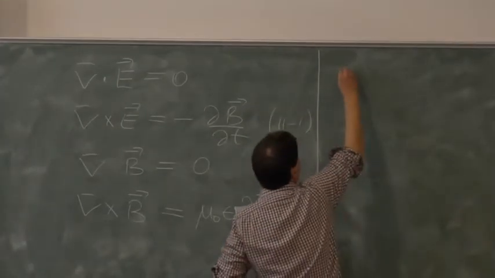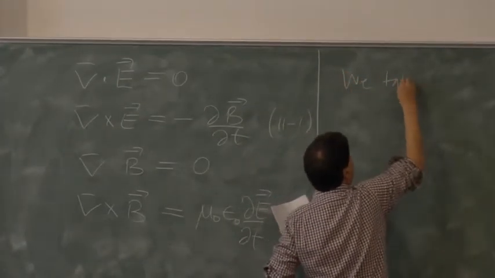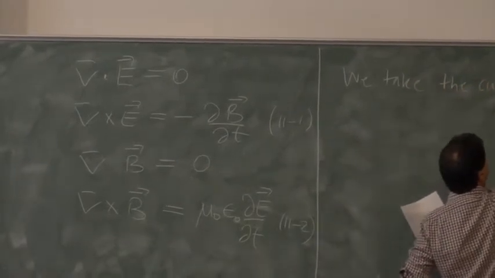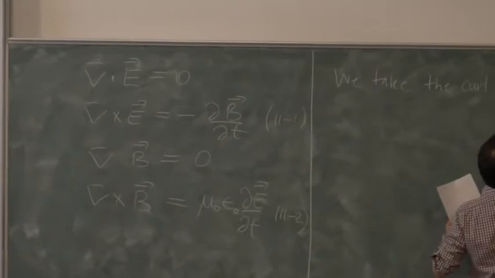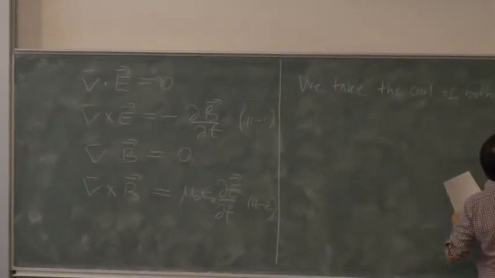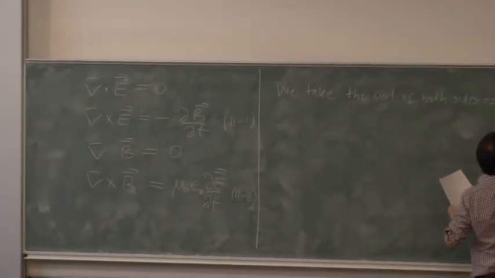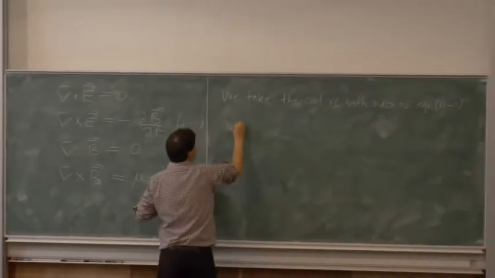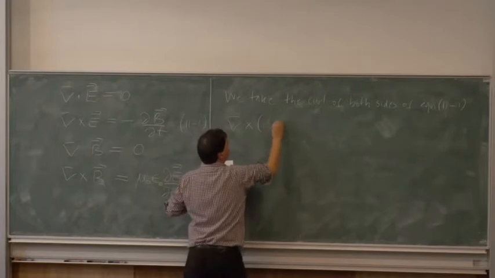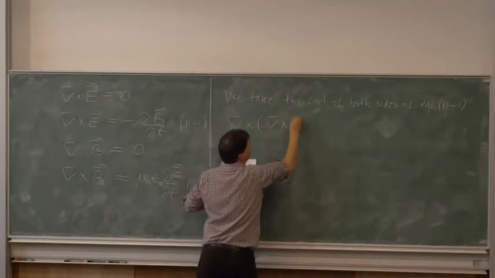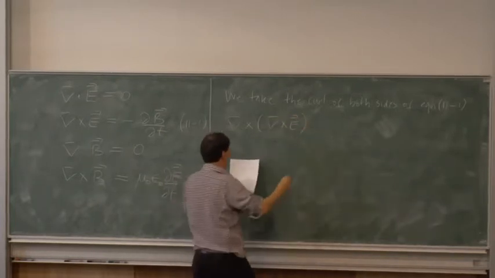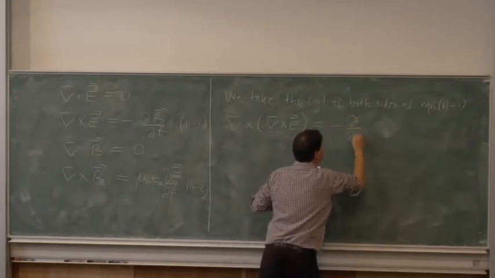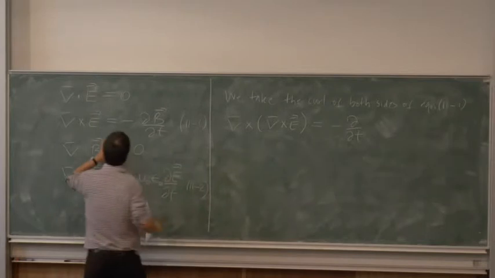So we take the curl, of course, of both sides of equation 11.1. We've therefore got that the curl of E, taking the curl of the left side, is equal to, and I've mentioned this a few times, the curl of dB by dt.